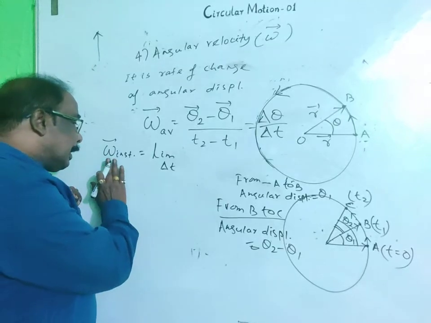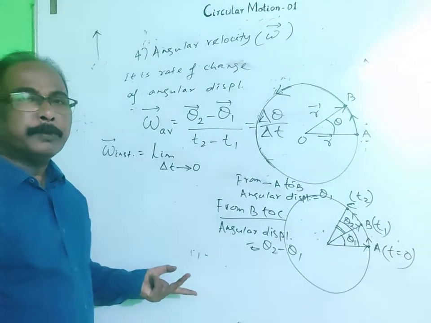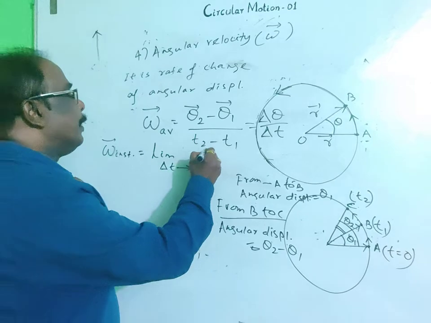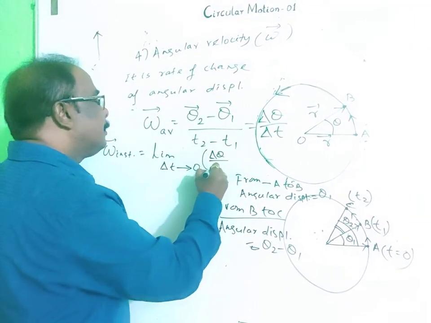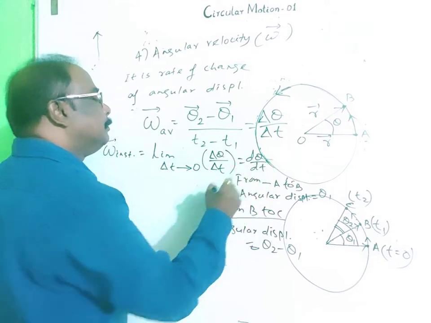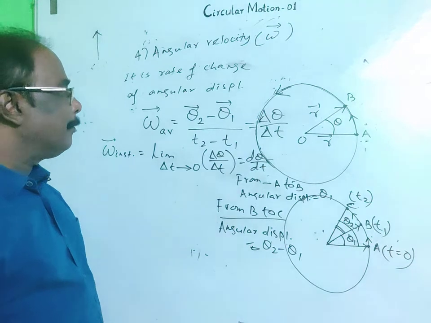For instantaneous angular velocity, the interval of time is very small. At any instant, the interval of time tends to 0, and delta theta by delta t is equal to d theta by dt. This is for instantaneous angular velocity.